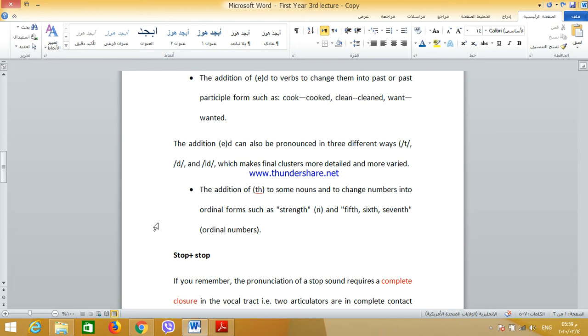These are ordinal numbers. And also these ordinal numbers can be made plural, and this will create more complicated clusters like 5ths, 6ths, and 7ths.